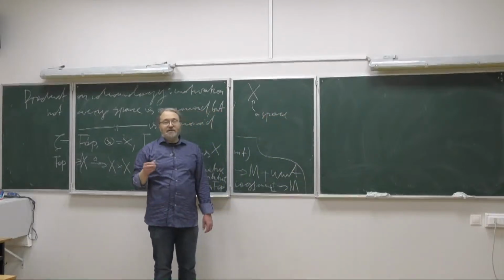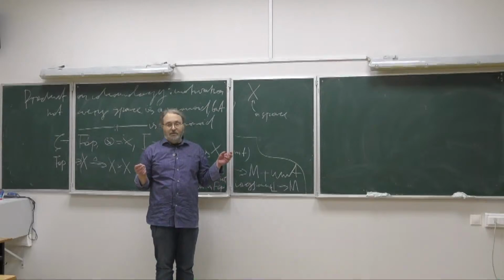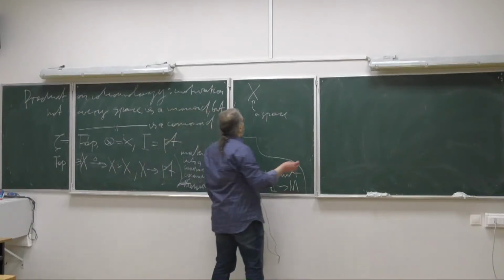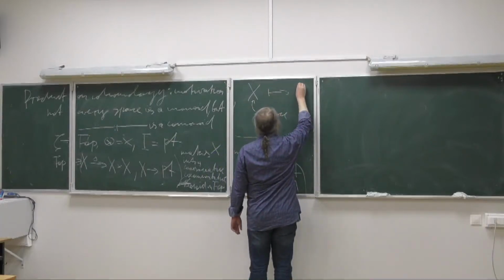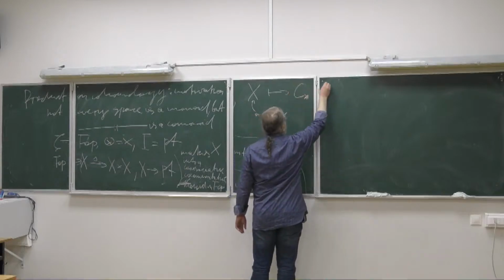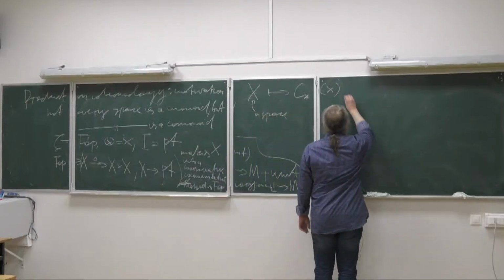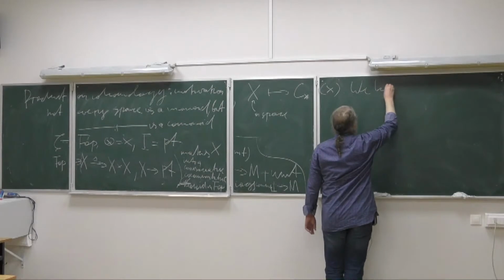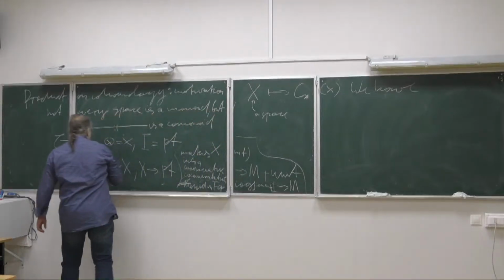First of all, let's try what Alice suggested. Let's try to see whether or not the singular chains of a space are a co-ring. Well, we need to use the diagonal map.